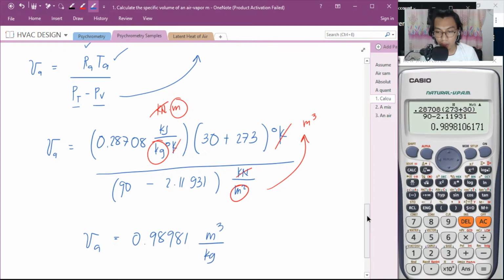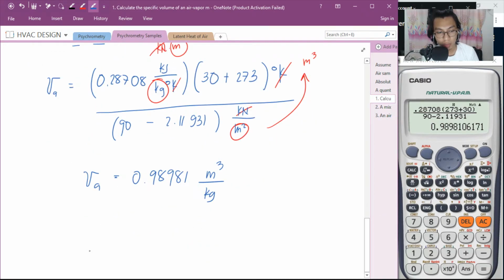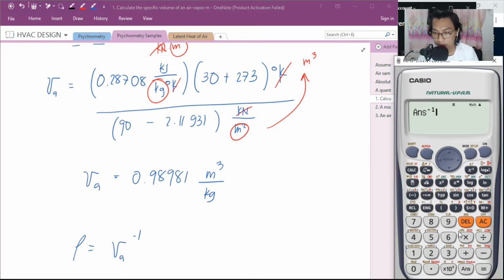If you are asked for the absolute humidity, or the density, what is it? It is just the inverse. Just raise it to negative 1. The answer is, uy, kamote.